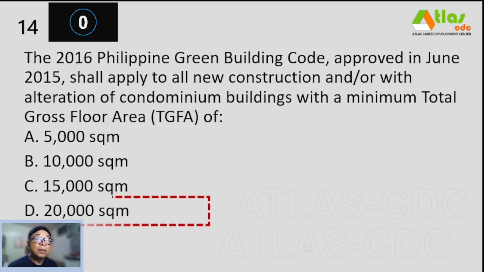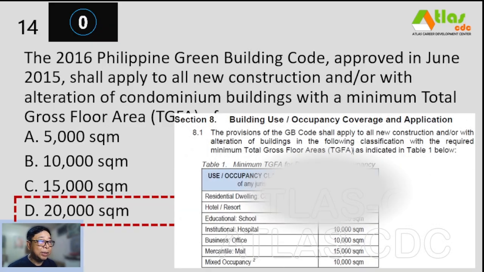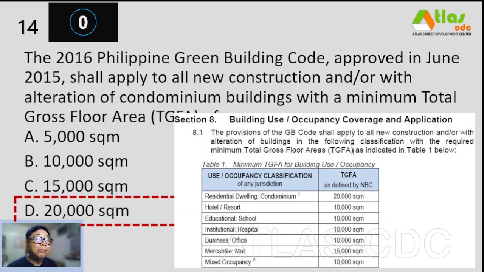And our correct answer is letter D, 20,000 square meters. So according to the Philippine Green Building Code, the minimum TGFA for building use covered by the Green Building Code is, for condominium, 20,000 square meters, while for hotel, resort, educational, school, institutional, hospital, business, office, and mixed occupancy it is 10,000 square meters, while for mercantile mall it is 15,000 square meters.